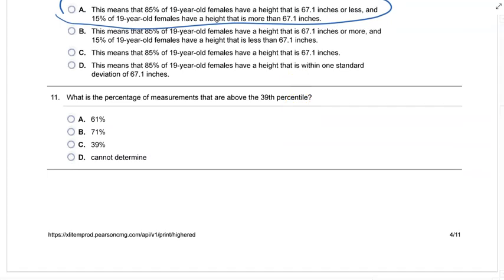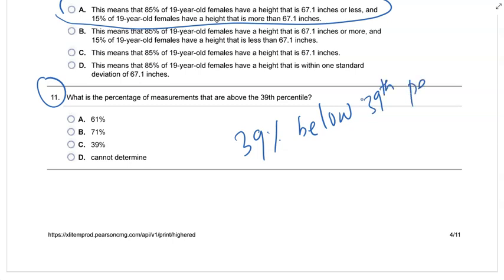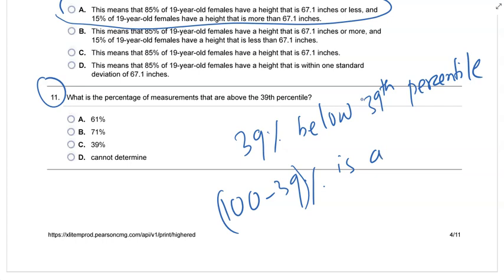Question number 11. What is the percentage of measurements that are above the 39th percentile? Okay, 39% is below the 39th percentile. 100 minus 39% is above the 39th percentile.